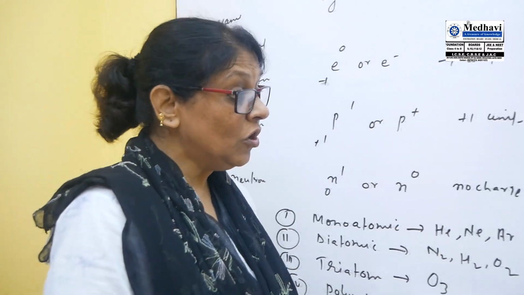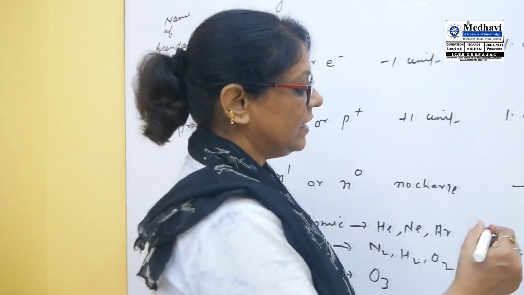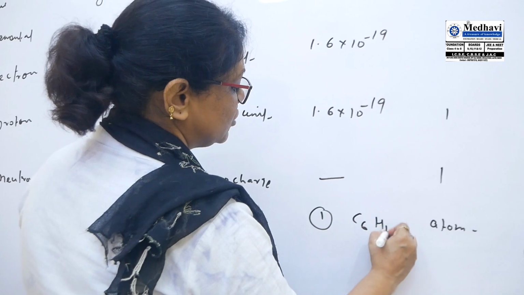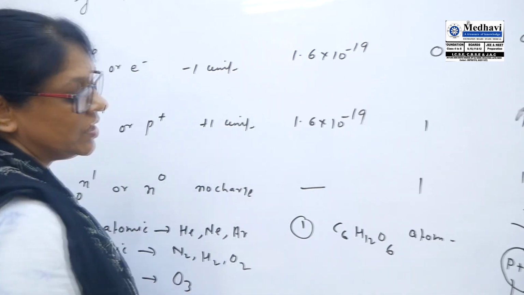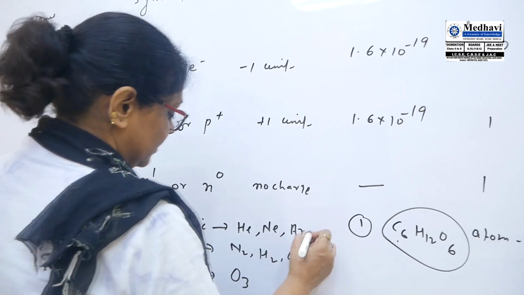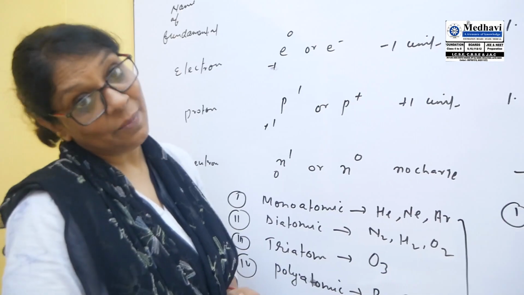Now, if we want to discuss a molecule of a compound, here I am using the second part, C6H12O6. This is a molecule of a compound, whereas these are molecules of an element.